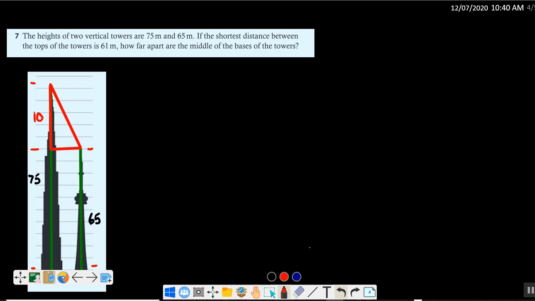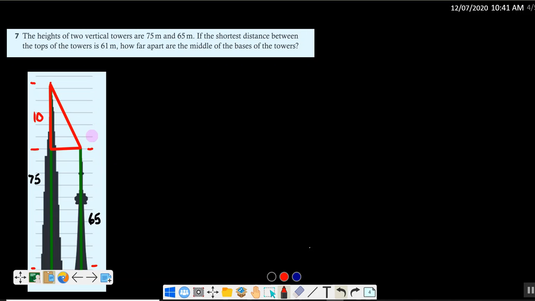Alright? It said if the shortest distance between the tops of the tower, so where do I put 61? The hypotenuse, isn't it?